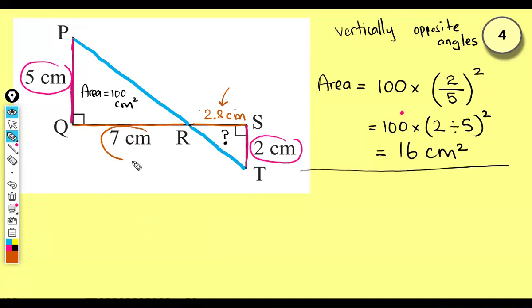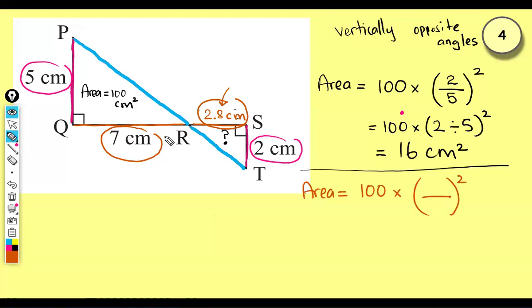The 7 and the 2.8 are also corresponding sides. To find the area, I take the area that they give me, 100, multiply by a bracket squared with a fraction.